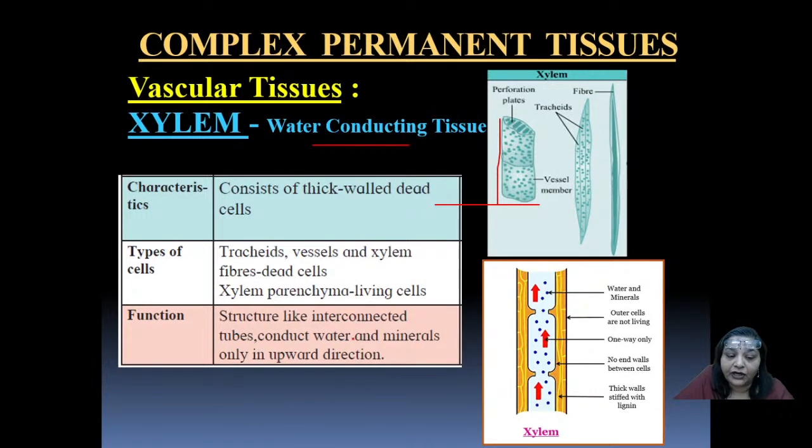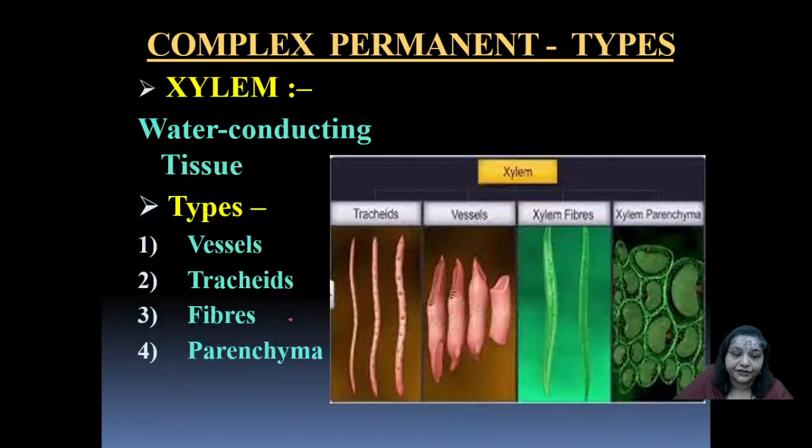They conduct water and minerals in the upward direction from the roots to the other parts of the plant. Here you can see the different types of xylem, the tracheids, the vessels, the xylem fibers, and the xylem parenchyma together. Okay.